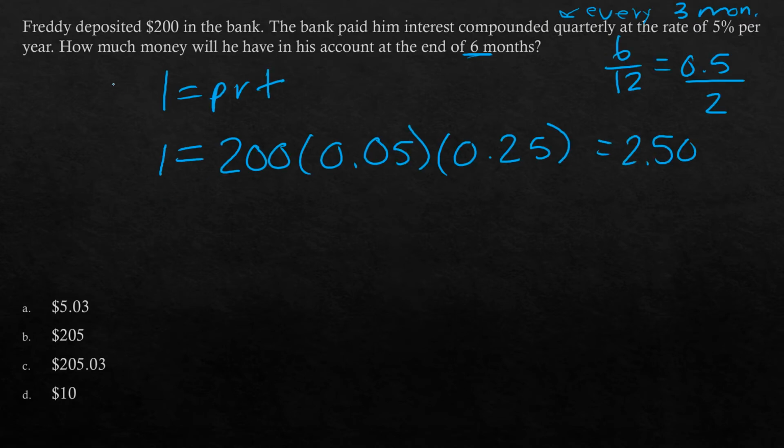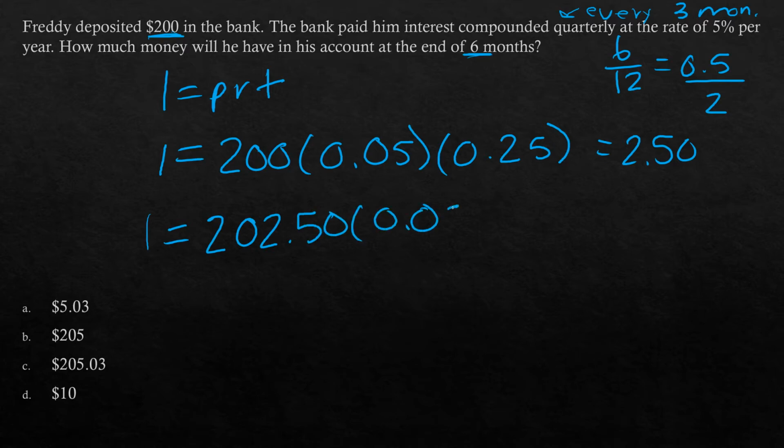Now let's add that to my principal. So I have $200 and 50 cents, and I'm going to compound this again. Everything else is the same except now my principal is different. And then let's type this into my calculator.